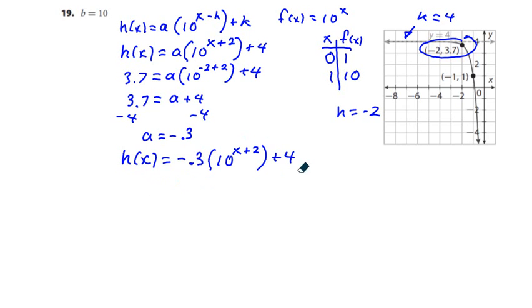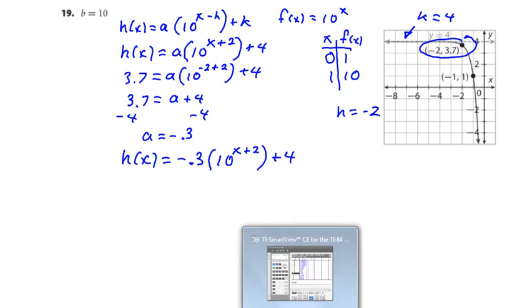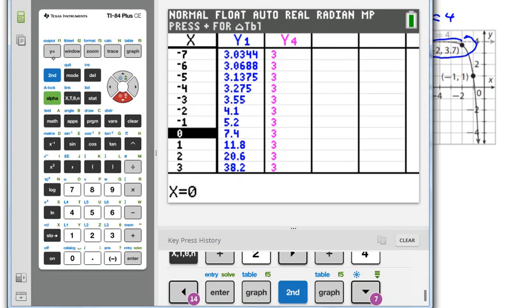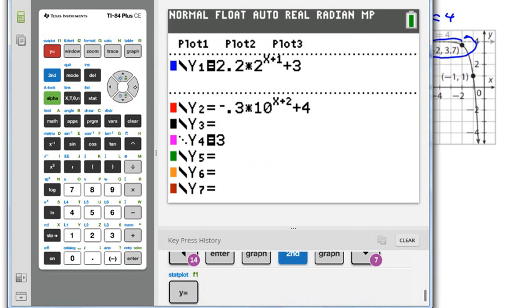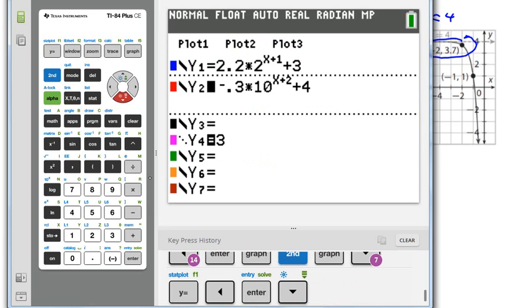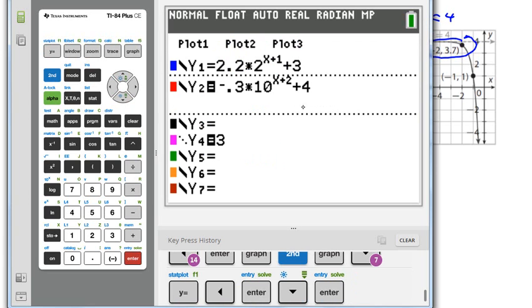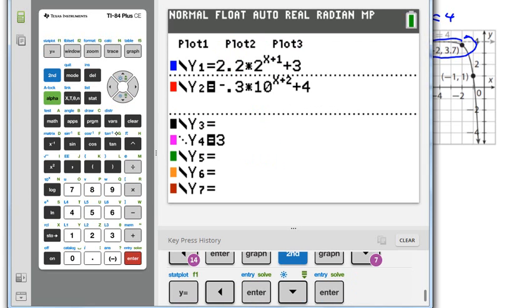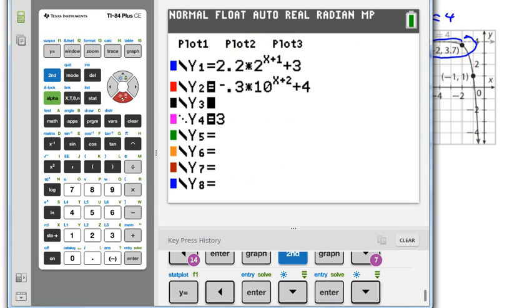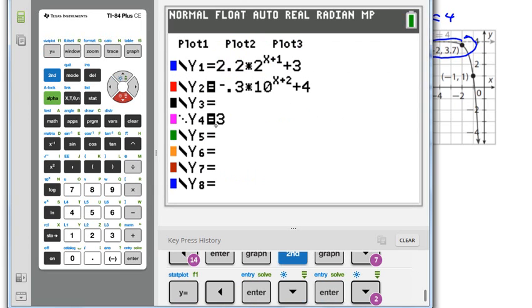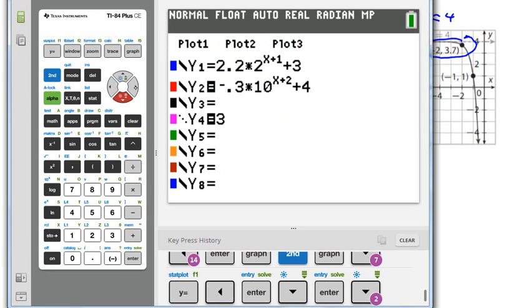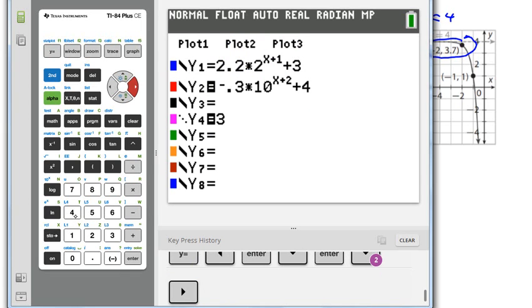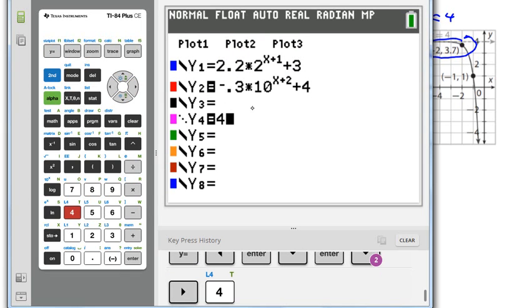So that should be our function, and we're going to go to our calculator to test that function. What I've done is turn off this function here and go down to y2, activate that function there, and change this y4 to y equals 4 to see if this looks right.